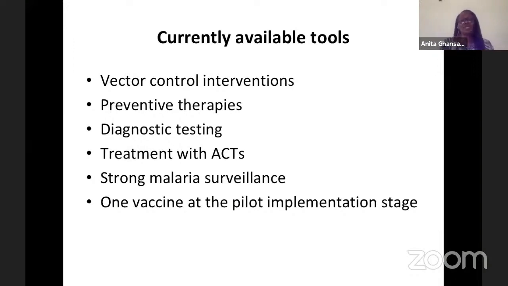And we have diagnostic testing with the rapid diagnostic kit, and then microscopy is our gold standard. And we have very good treatment with artemisinin combination therapies. And then we have a very strong malaria surveillance and one vaccine that is at a pilot implementation stage in 3 countries in Africa. These are Ghana, Malawi, and Kenya.